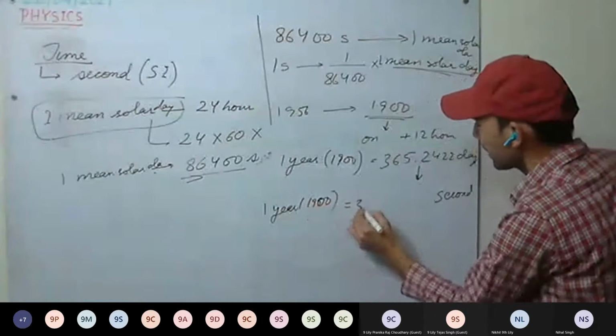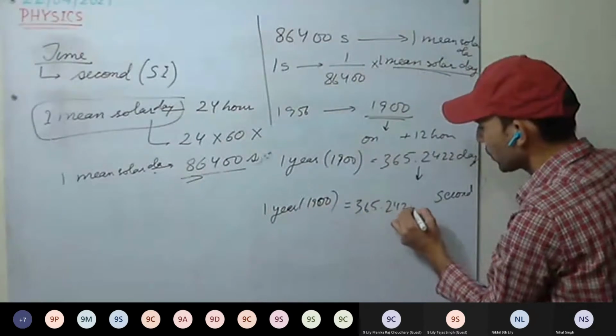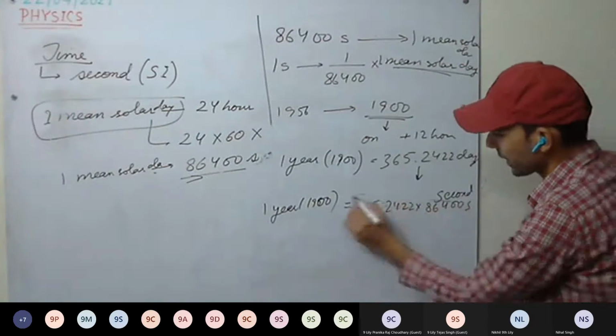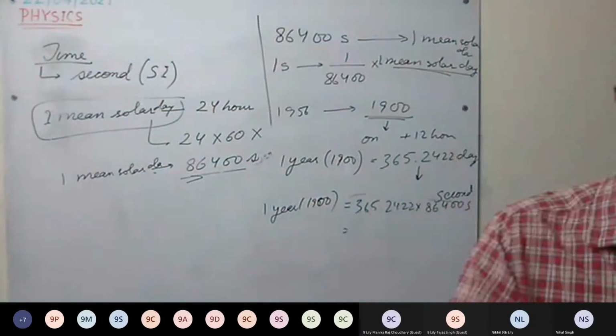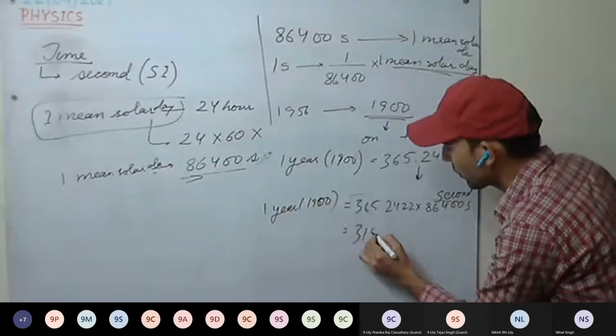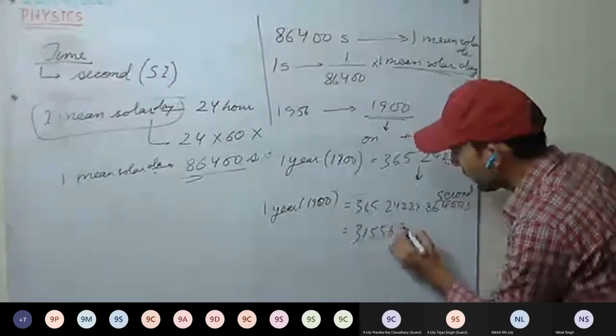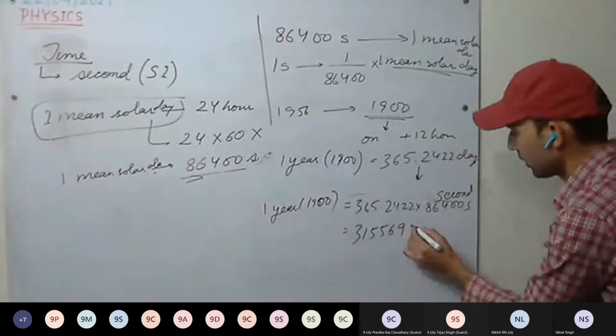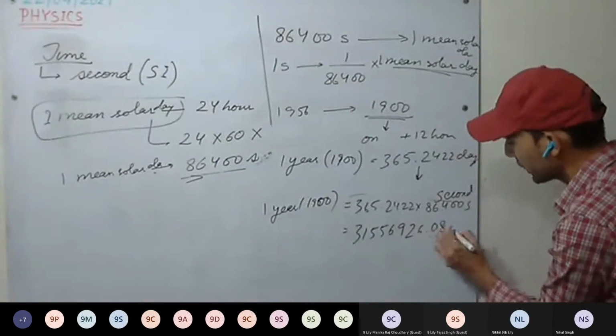So 1 year, that is 1900, is 365.2422 times 86400 seconds, and it comes out to be 31556926.08 seconds.